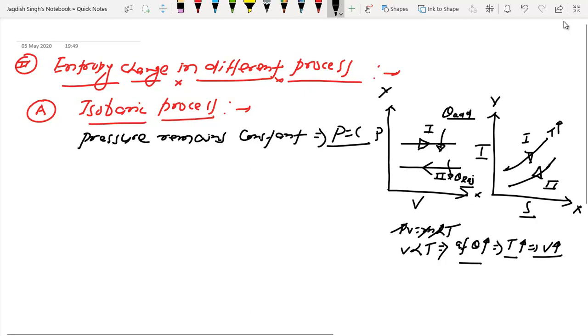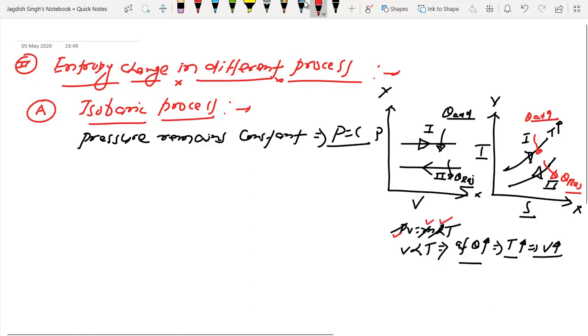That means in process 1, heat is added. And in the next process, since temperature drops, that means heat is rejected.